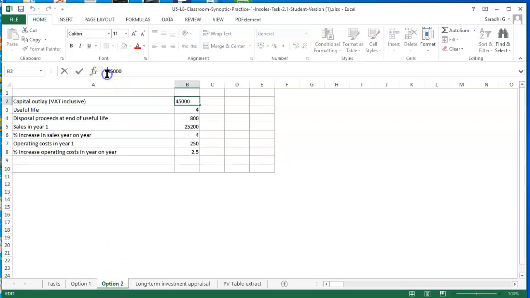So first capital outlay minus, then yearly cost also minus.